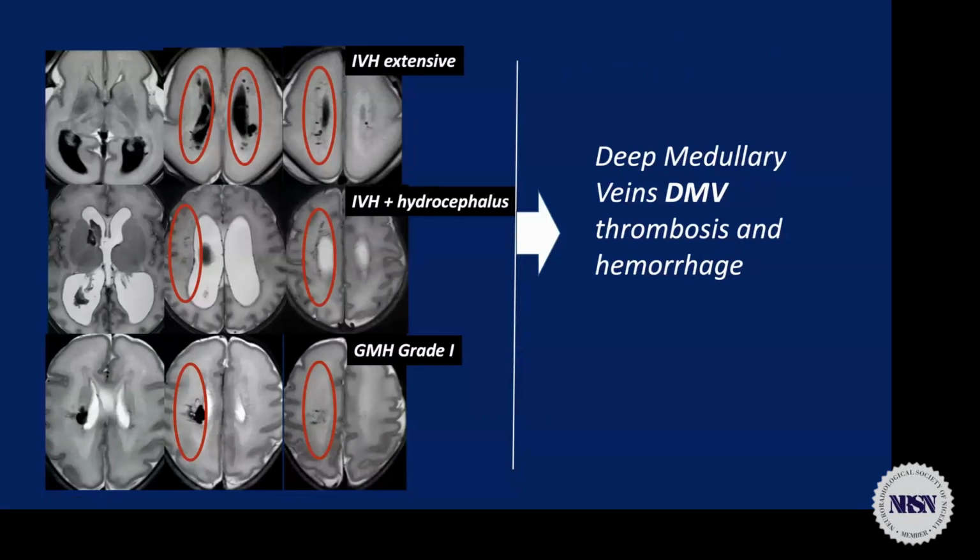And we learn with magnetic resonance that also in what we previously called a simple grade 1 germinal matrix hemorrhage according to Papile, something happened also in the periventricular white matter, once again due to the engorgement of the medullary vein here.